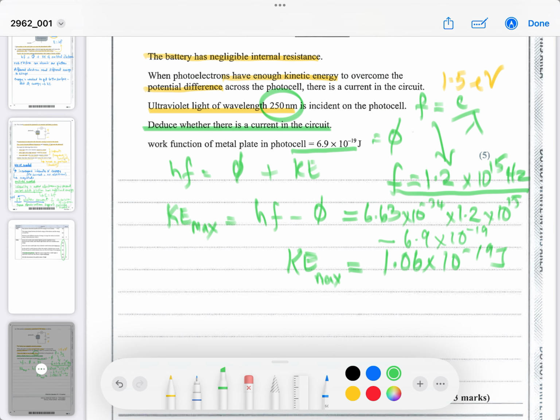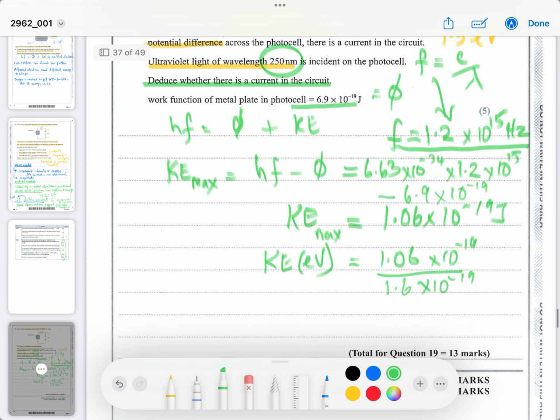How do I know? Because to get the kinetic energy into electron volts, you've got to divide that 1.06 times 10 to the minus 19 by the charge of an electron, which is 1.6 times 10 to the minus 19. So you can see it's a fraction of the 1 electron volt.